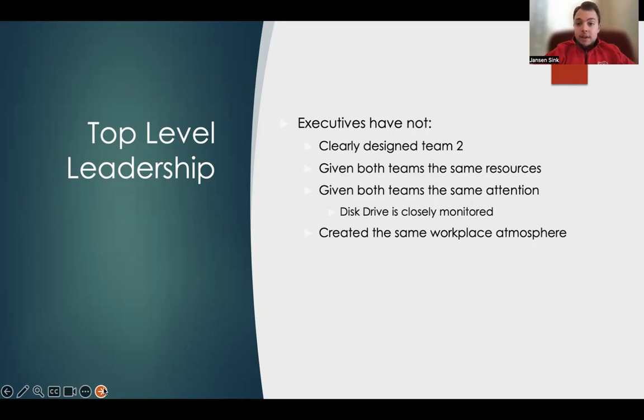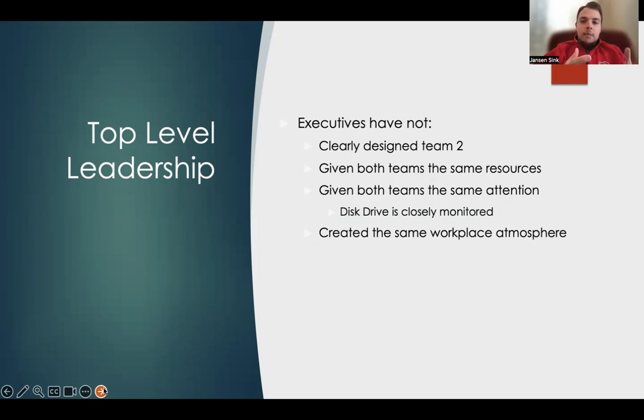They also haven't given both teams the same resources, or, by the way, the same attention, which is a really big deal because disk drive is very closely monitored. And like I said earlier, that means that the executives are highly involved. If there's a problem, they're jumping in to help fix it. If they're doing something wrong, they're there to point them in the right direction.